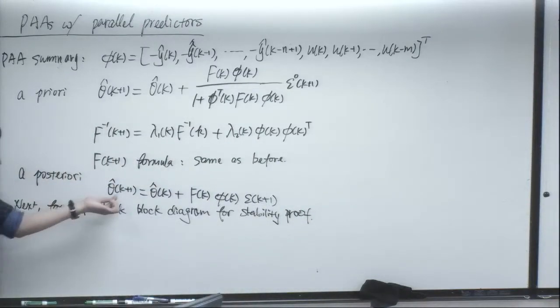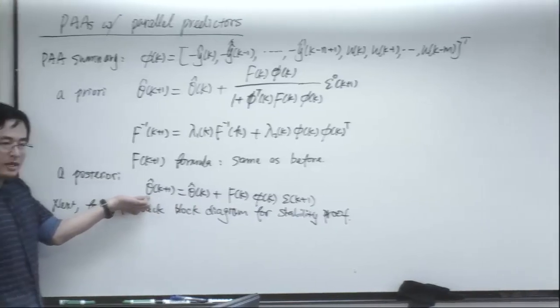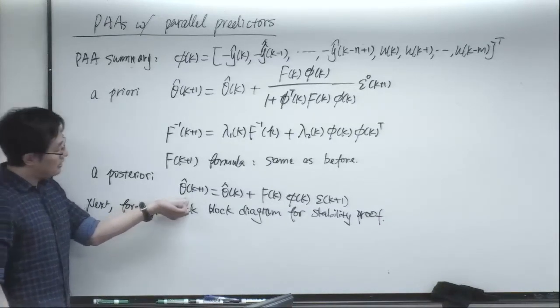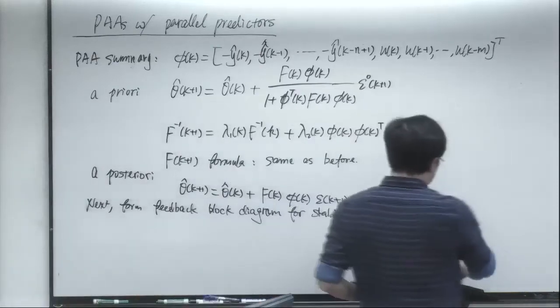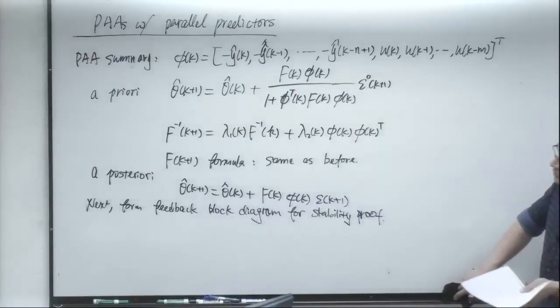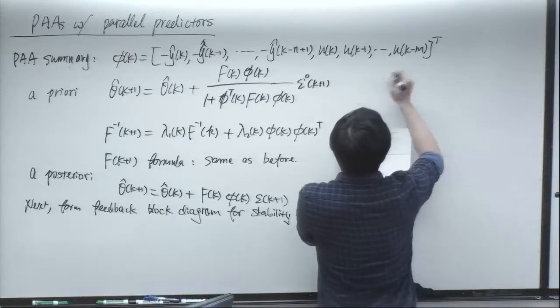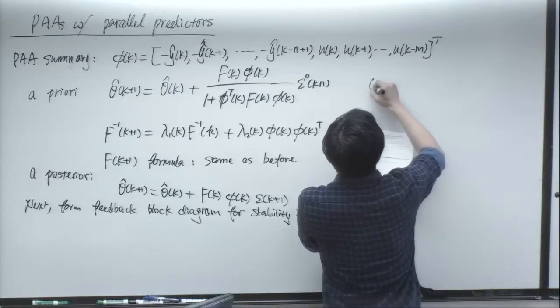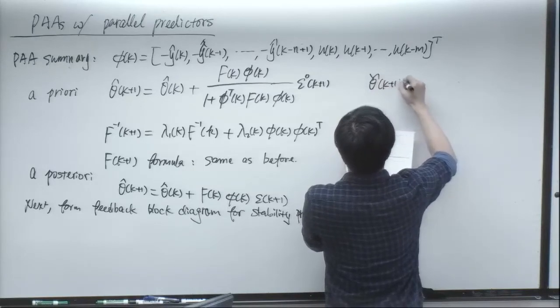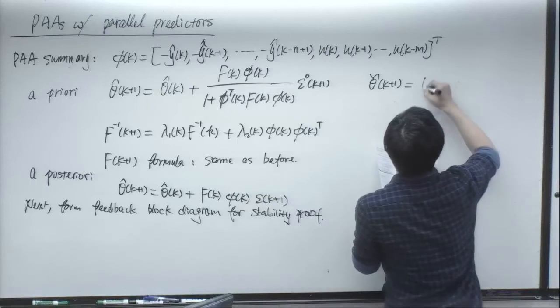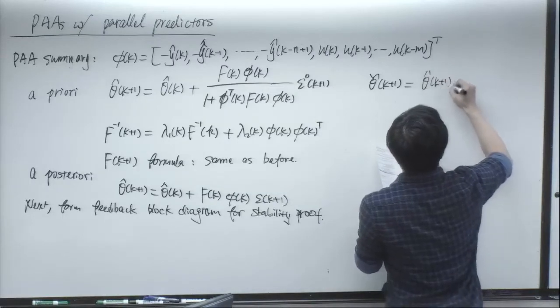Remember what we did in the previous case. We first derived something that depends on theta tilde. We focus on the errors. So let's do the same here. Let's see how theta tilde, the error of the estimation vector, will look. All right, so this was defined as theta hat k plus 1 minus theta.